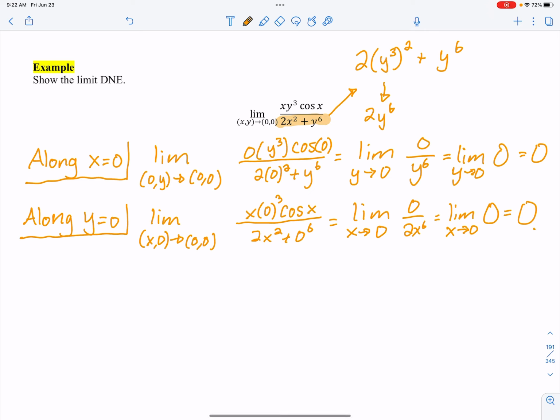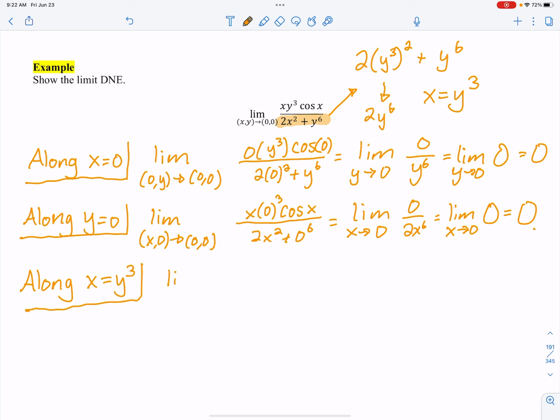I multiply, that would be a y to the 3rd. So my correct choice here would be x equals y to the 3rd. I say correct, but hopeful correct, that's going to work. So that is the path I'm going to choose. We have to make sure it goes through the point. Okay, if I plug in 0 for y, I get 0 for x. Okay, cool. So it does pass through (0, 0). So that's my path, x equals y cubed.